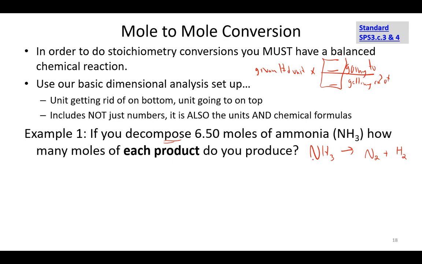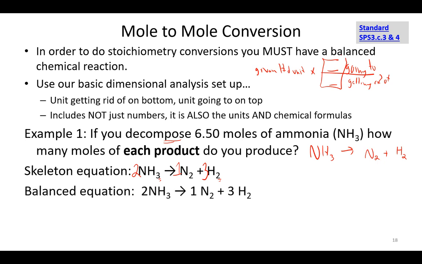So these are the pieces to my reaction. This is my skeleton equation. But I notice my number of atoms aren't balanced, so I would have to go through and add coefficients to get everything to balance. Once I balance my coefficients, I end up with my balanced equation, and I can do the calculation that it's asking for.